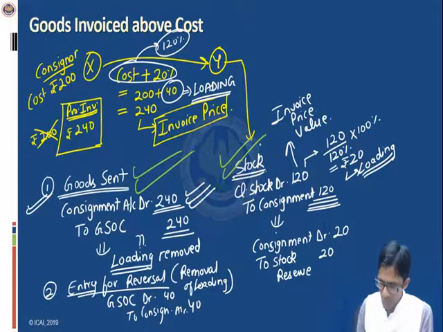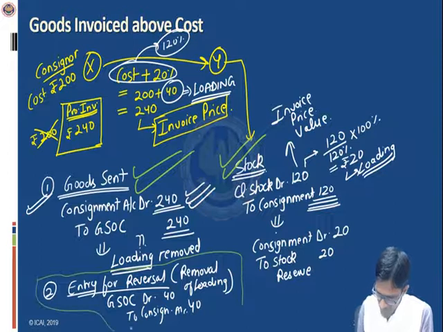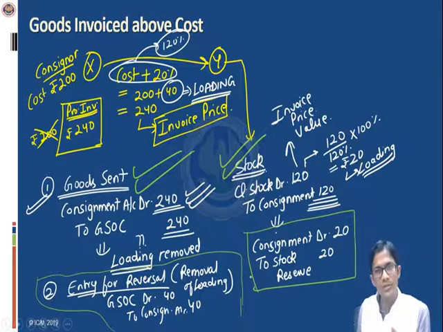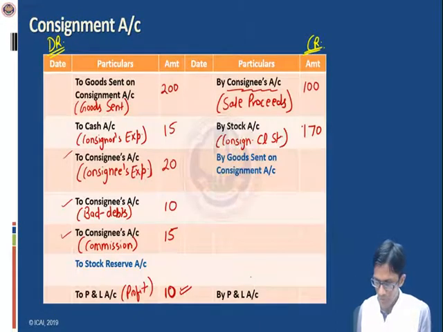And how to remove loading? For removing loading, we pass some specific entries. As I am highlighting, these are the two entries, right? Okay. Now let us once again see the consignment account, and now let us see what these two extra entries are.